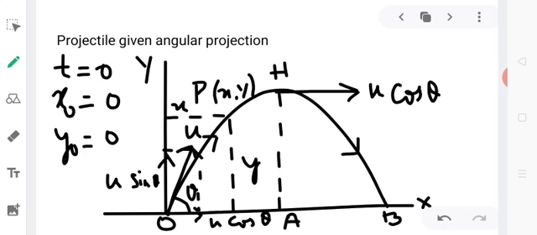Here AH is referred to as the maximum height attained by projectile and OB is called the horizontal range. The object covers horizontal distance due to its horizontal component velocity and vertical distance due to its vertical component velocity.